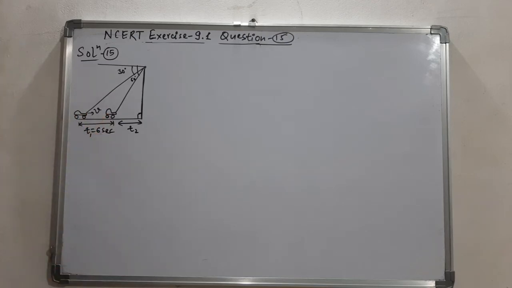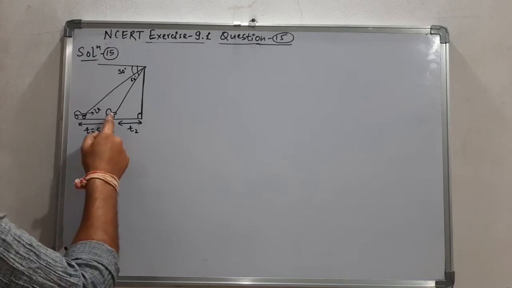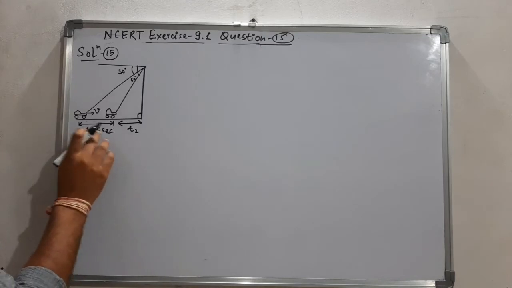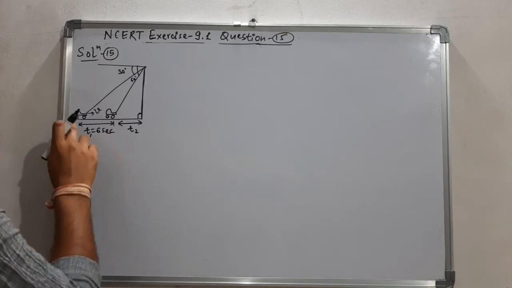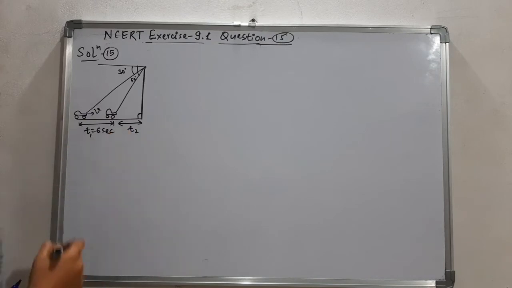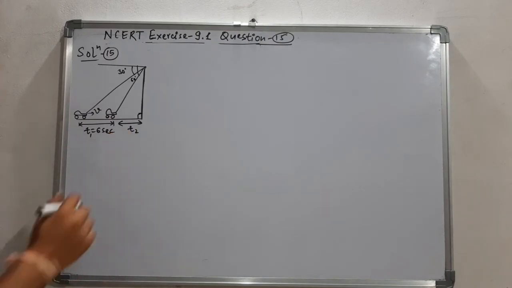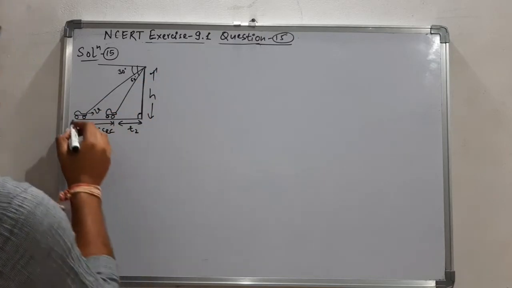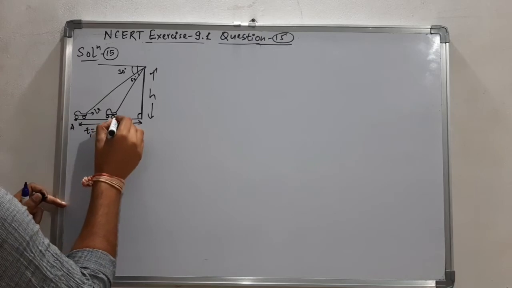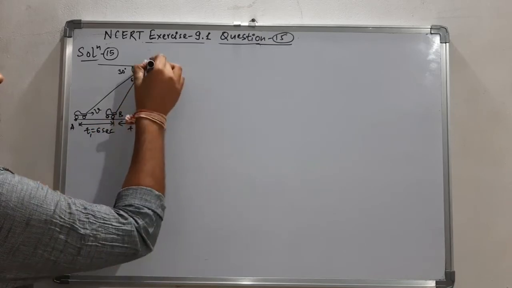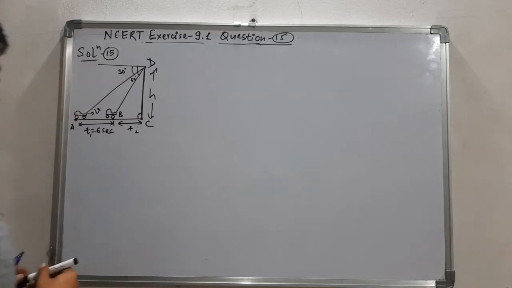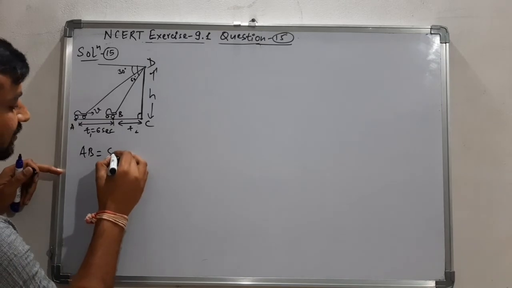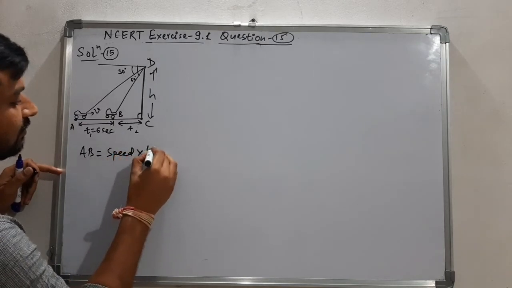Now we have to calculate after how much time this car will reach the foot of the tower. Let me call this time t1, which is 6 seconds, the given time from this point to this. And we have to calculate the time t2 here. Let me assume the height of the tower is h. Now suppose this point is A, this point is B, this point is C, and this is D. If we want to calculate the distance AB, we can use distance equals speed into time.